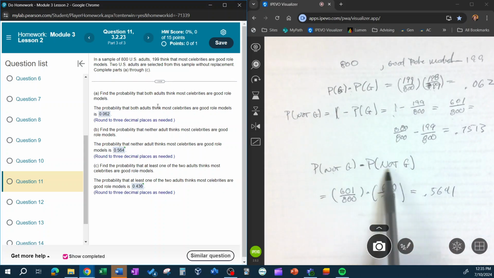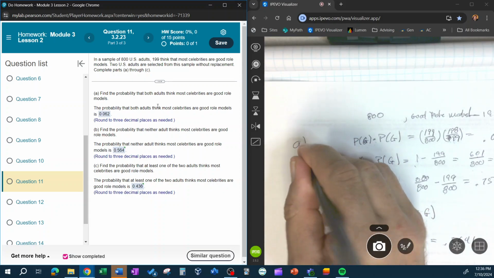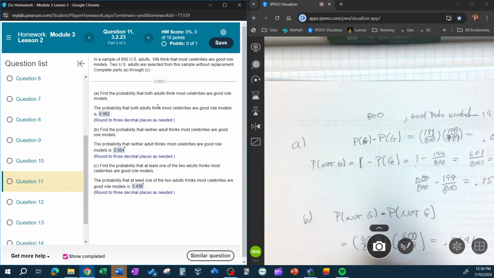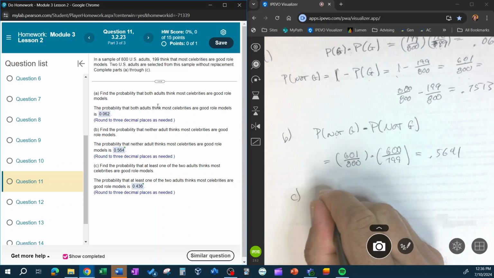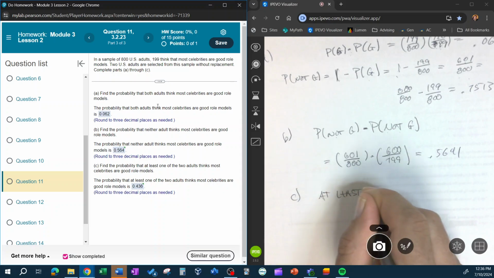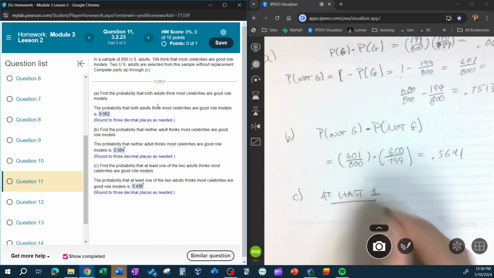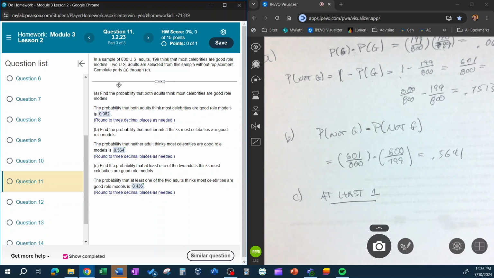Okay, so now this one we have both. This one is neither. All right, so that's the second part, A, B, and then the third one is at least 1. All right, so these problems, they all have that structure where it says both, and then neither, and then at least 1.